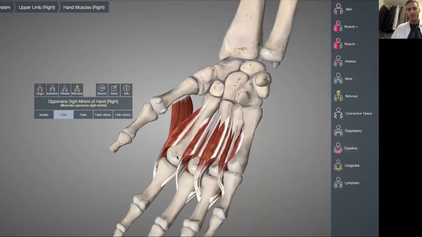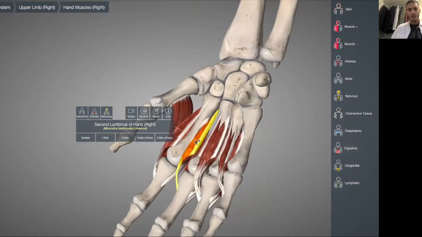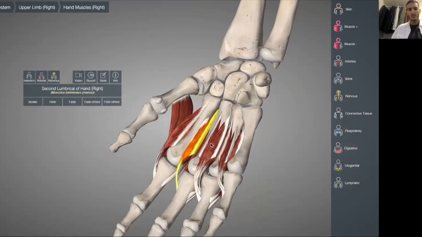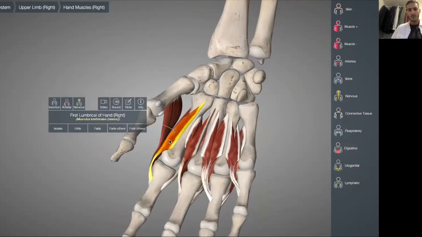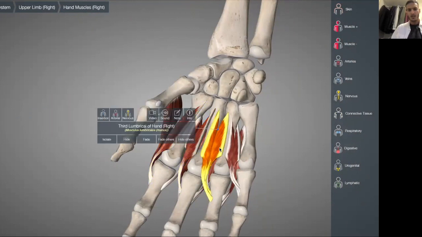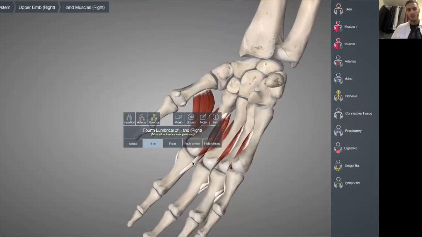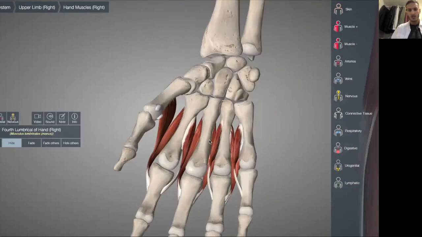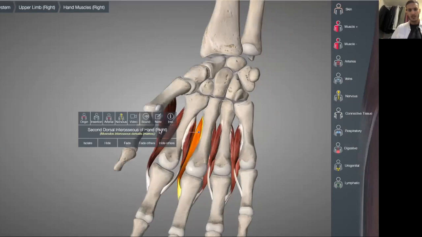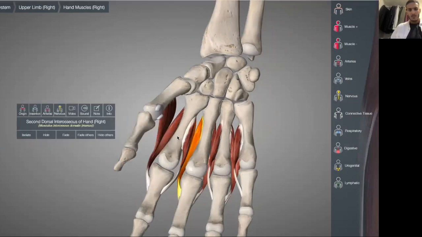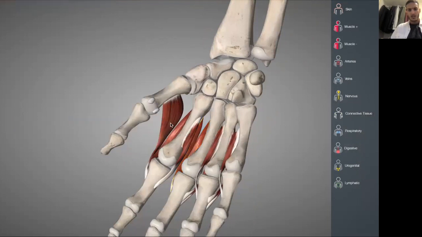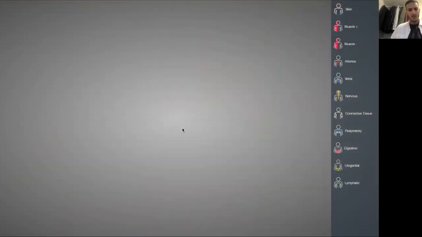On the palmar aspect, you have lumbrical muscles: first, second, third, fourth. And when I hide them, we're left with the interosseous.